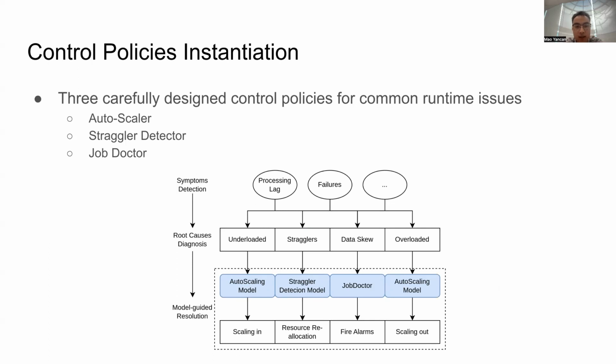The load imbalance can be further caused by stragglers or data skewness. The processing lag can be handled effectively with the three proposed control policies and the carefully designed models, while the job doctor is extended with a set of diagnosis rules to further handle frequent runtime failures. More detailed model descriptions can be found in our full paper.